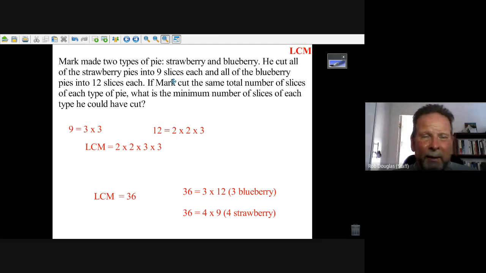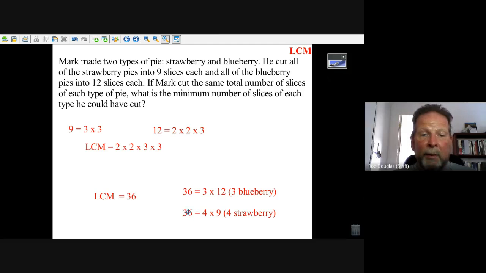And if you go back and read this thing really carefully, you'll see that if he has 3 blueberry pies, then that's 3 times 12, 36 slices is the answer, because that means he would have cut 3 blueberry pies. And we know that 4 times 9 equals that same number, 36. So 36 slices would work for 4 strawberry pies.